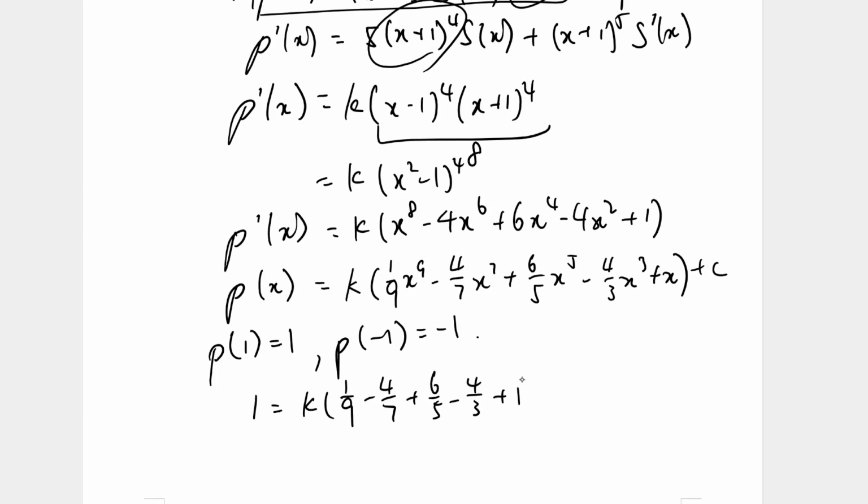And p of minus 1, which is minus 1, equals k times essentially the reverse of that, minus 4 over 3 plus 1, plus c. And you could see what does c have to be then? Well, c has to be 0, because we know that c equals minus c. So c has to be 0. Good, so the constant is gone. So now I have 1 equals k times that.